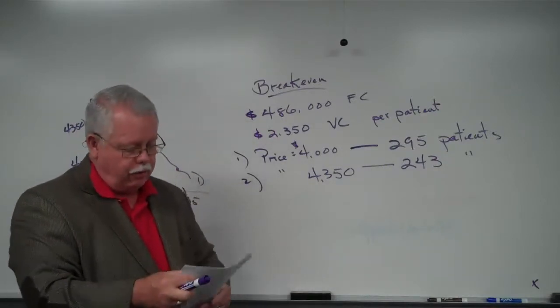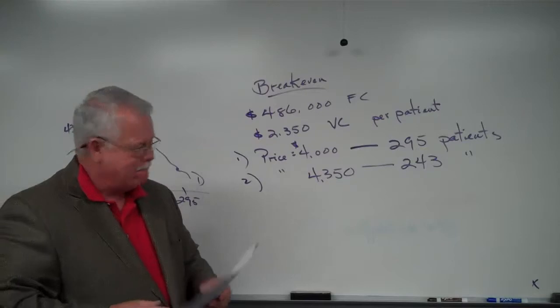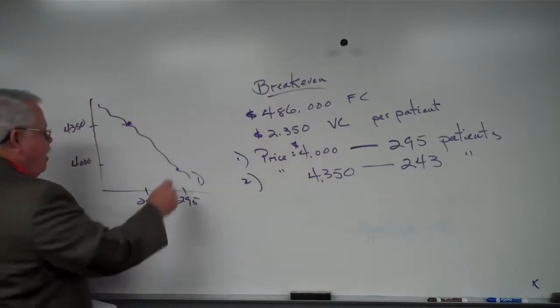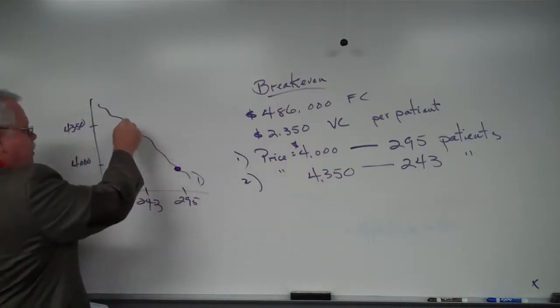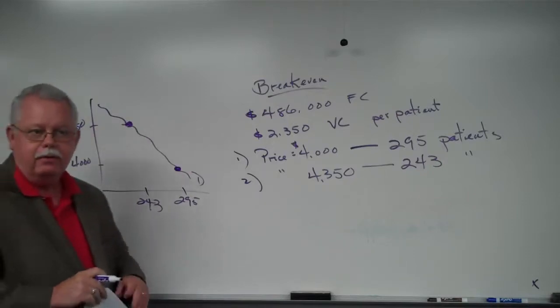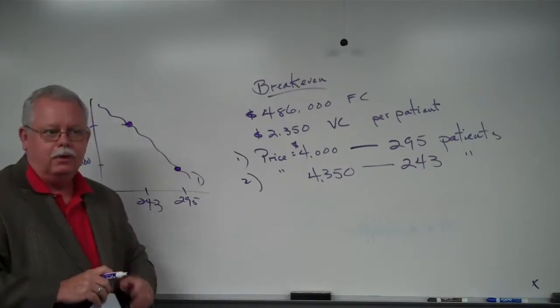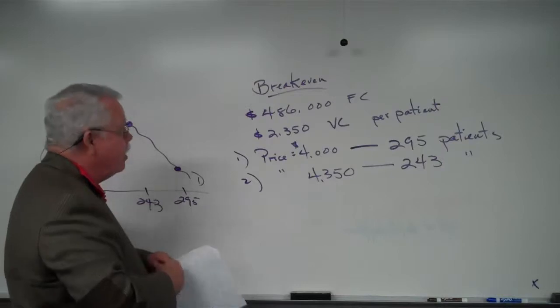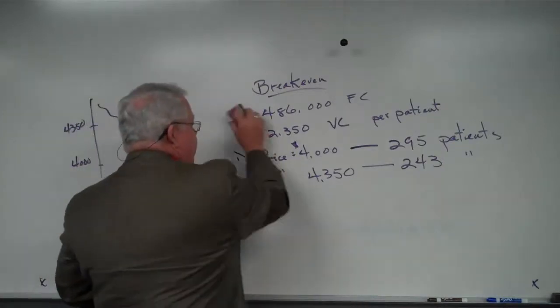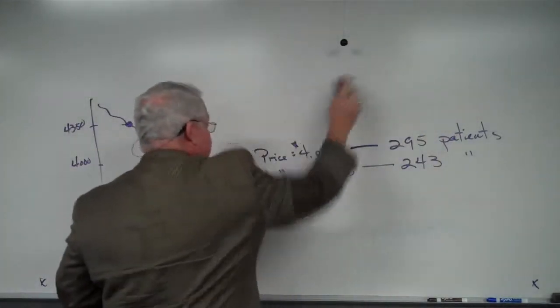And so the third part of the question says, what sort of price elasticity of demand is implied by this. And so now you have to go back to microeconomics and remember how to calculate price elasticities.